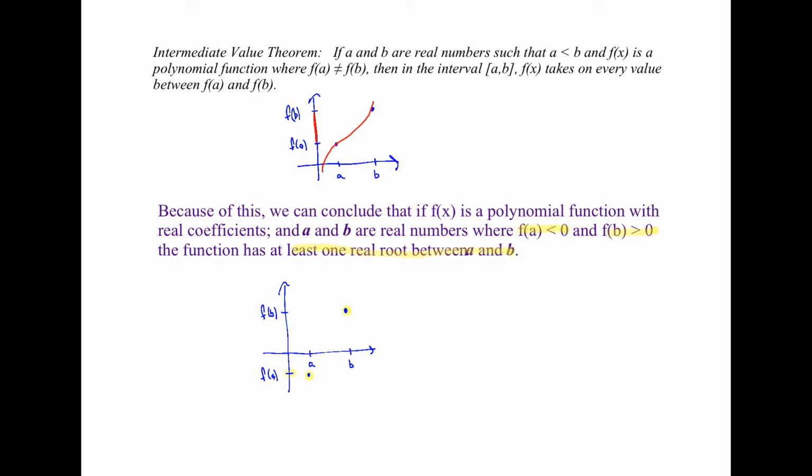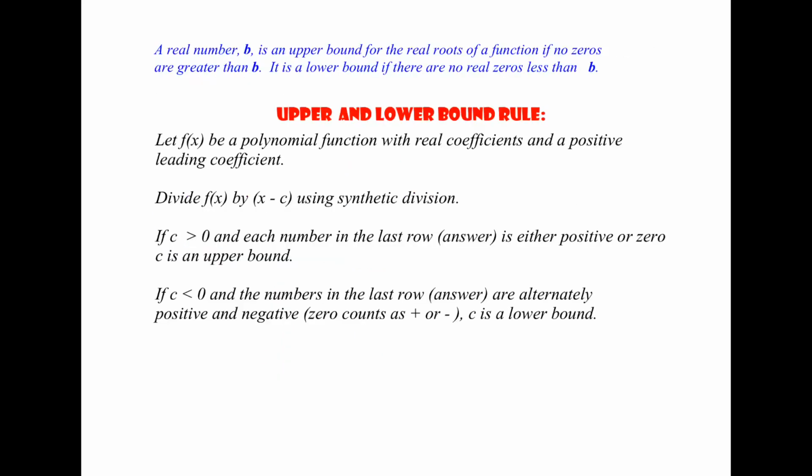And so now what we can conclude from this is if I now draw a smooth curve through these 2 points, you will notice that it has to, using the intermediate value theorem, intersect the x-axis between a and b somewhere. And so therefore we at least have one real root, which means we can therefore approximate it.